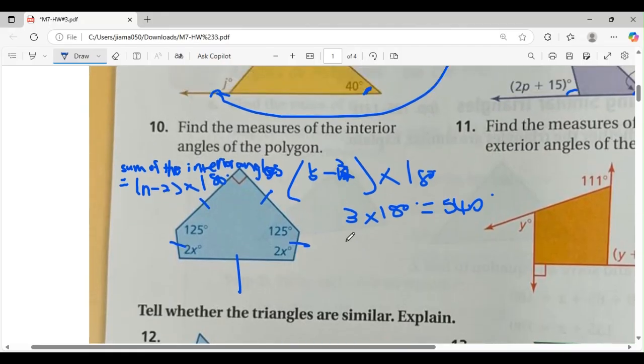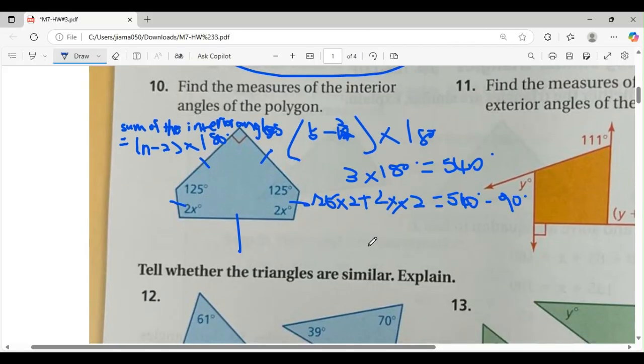First we have to add these 4 angles together, which equals 540 degrees minus 90 degrees, because this angle is 90 degrees.